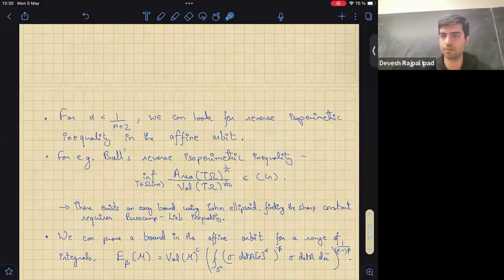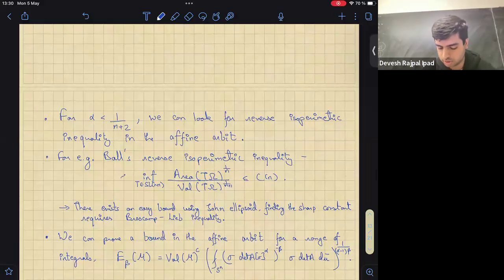And the question is whether, if we allow ourselves to look at the infimum in the affine orbits, there exists an upper bound, which is also true. So Ball proved the following. If for every convex body we look at the isoperimetric ratio and its minimum in the affine orbits, then among all convex bodies, this is a bounded quantity.